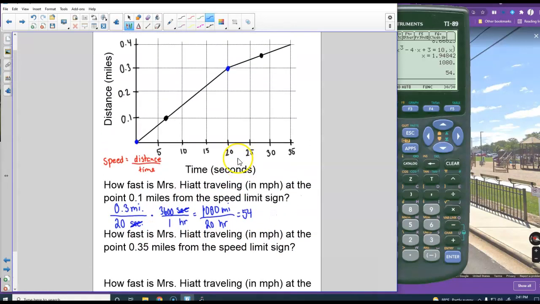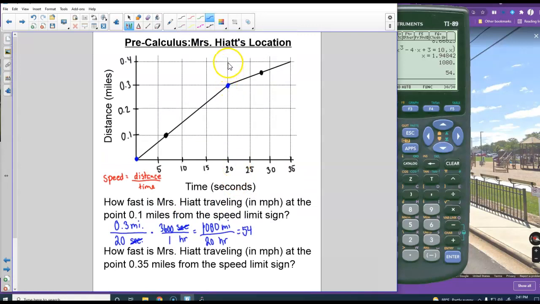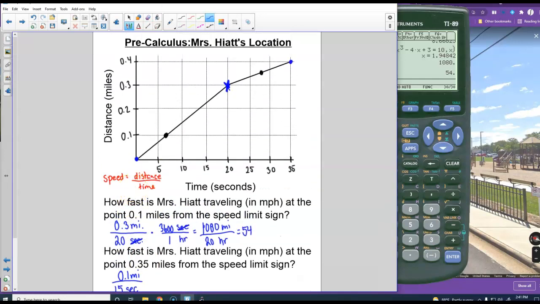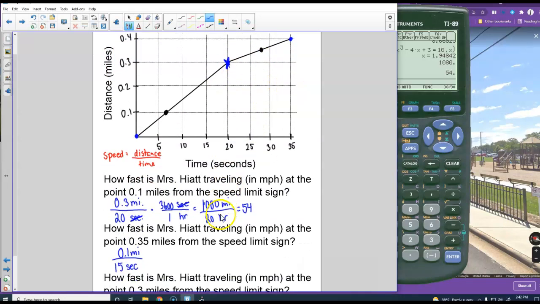All right, so the second one, right? How far did I go from right here to the end? Just 0.1 miles, and it took me 15 seconds. Right? Because I'm going from 0.3 to 0.4. And these are going up by 5, so 5, 10, 15 seconds.